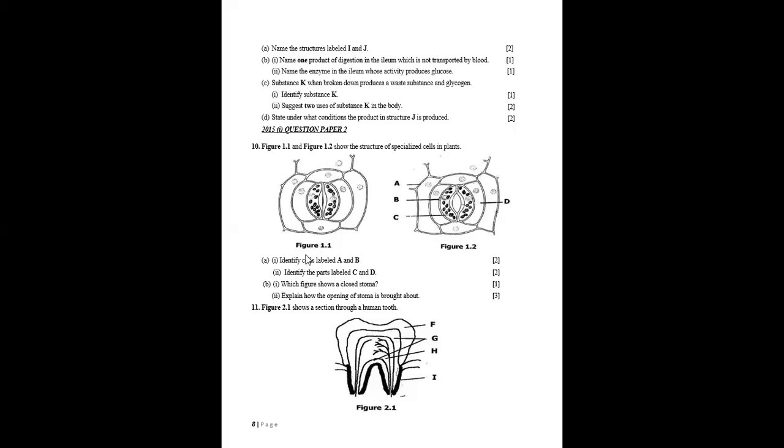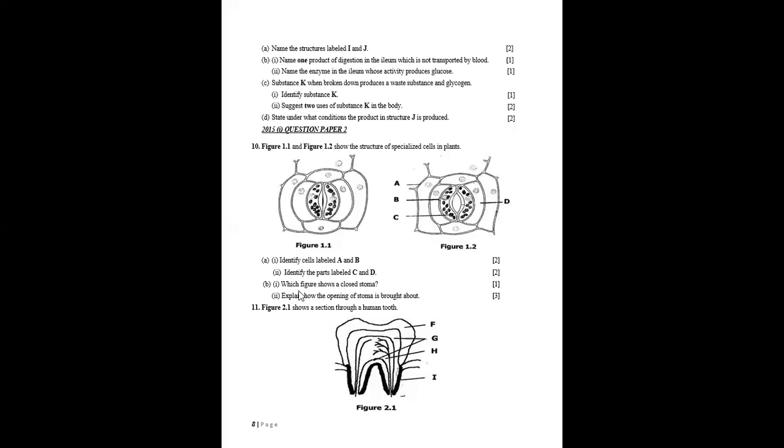Identify cells labeled A and B. So A is the epidermal cell. B is the guard cell.